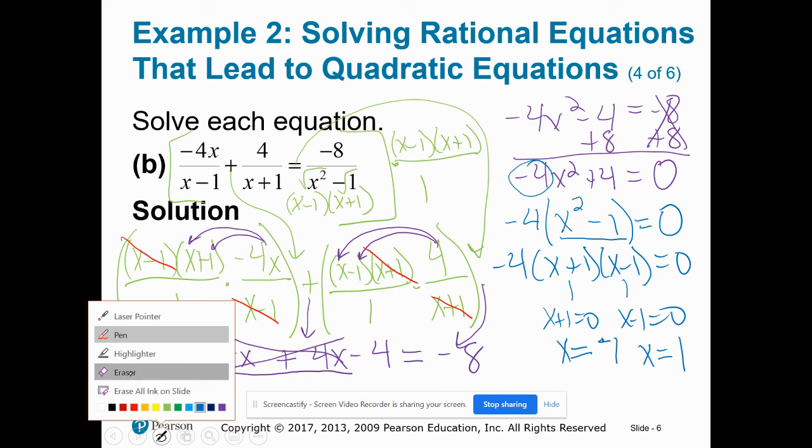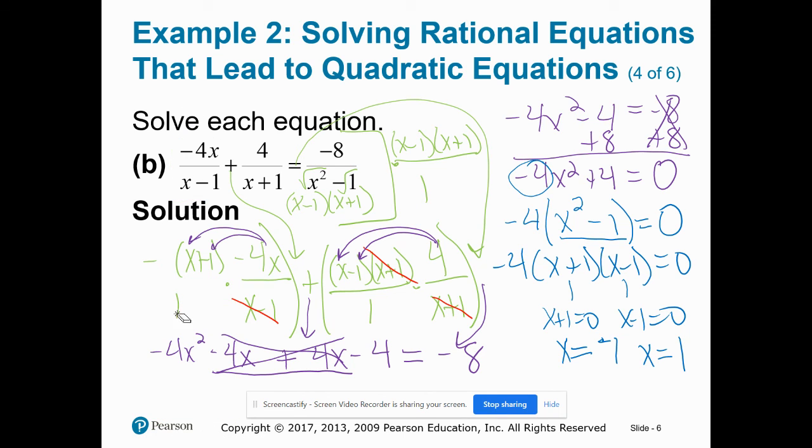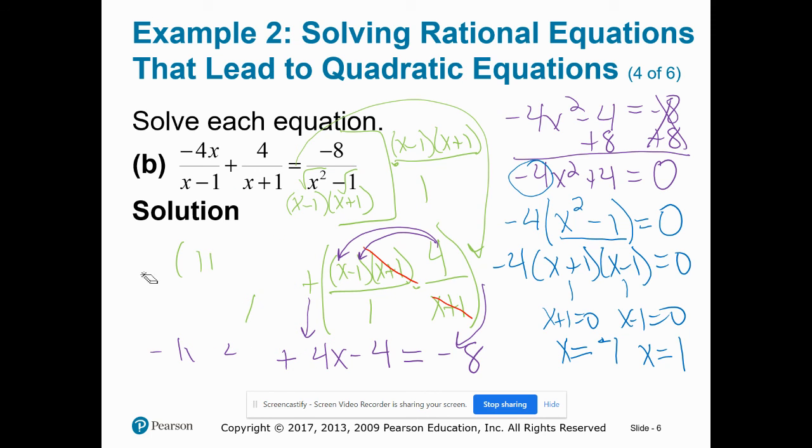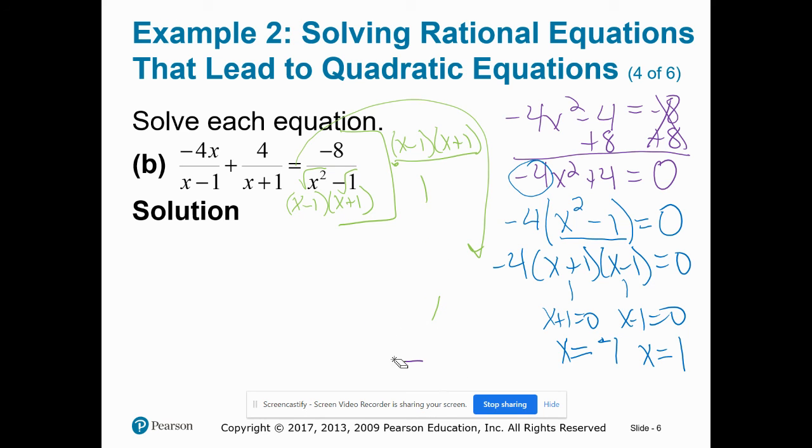Now that we have our solutions, we go back to our original problem and we say, what are the restrictions of our problem?